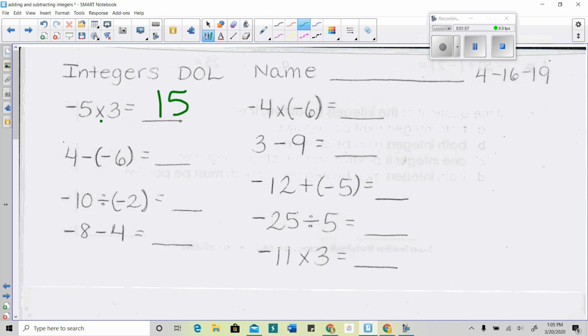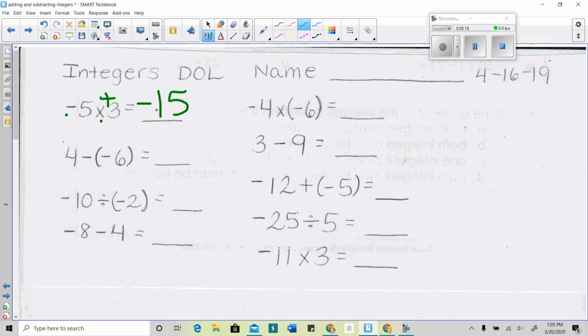So I just need to ask myself, are the signs the same or are the signs on the numbers different? I've got one negative number, and this 3, even though it doesn't show it, is a positive 3 because if it doesn't have a sign, it's automatically positive. So I've got one negative, one positive. That's two different signs, meaning the answer will be a negative.